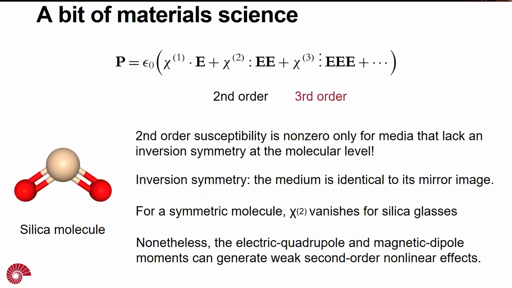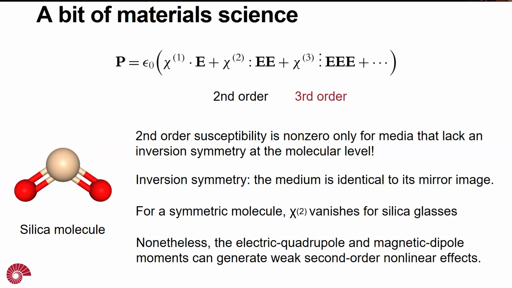It's really funny. And as I mentioned, depending on the material, this chi2 and chi3 changes. Because of that, what kind of nonlinear phenomena you will observe in the medium will change. For instance, I can easily say that second-order susceptibility is actually for crystals. Crystals have a nice feature in the molecular orientation.